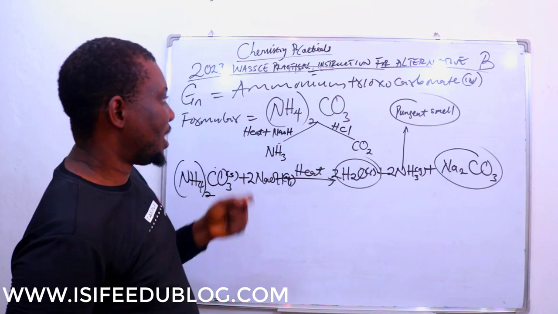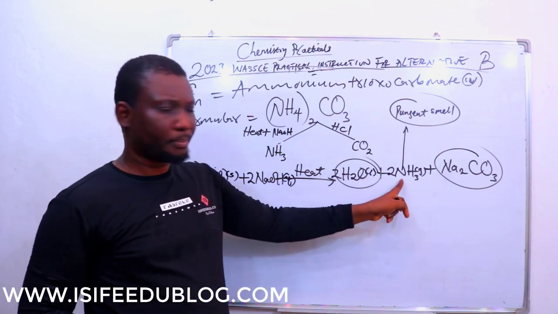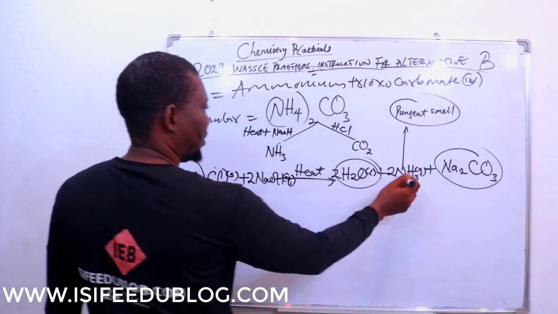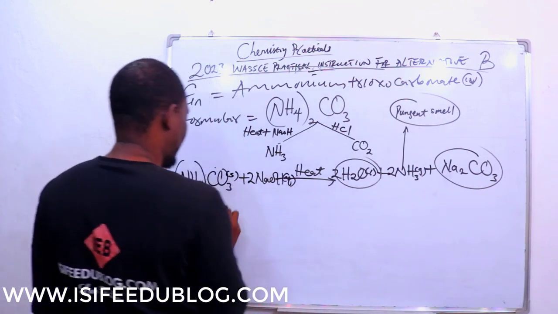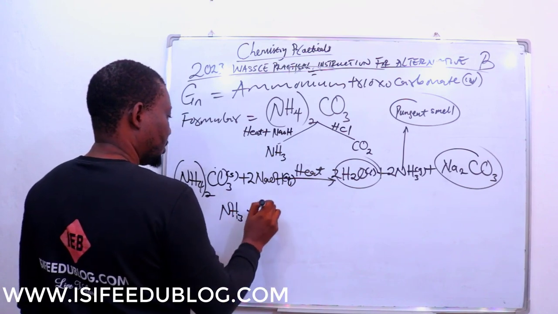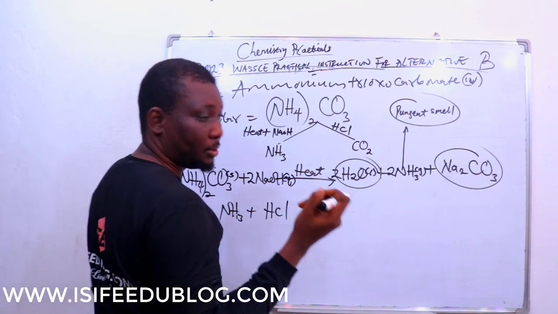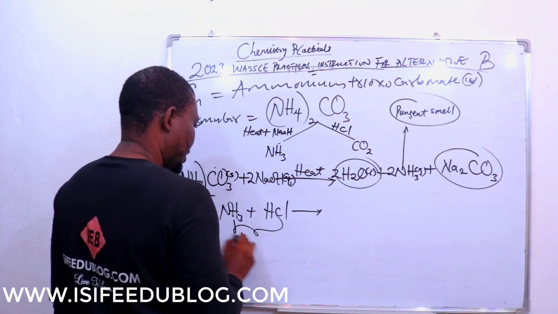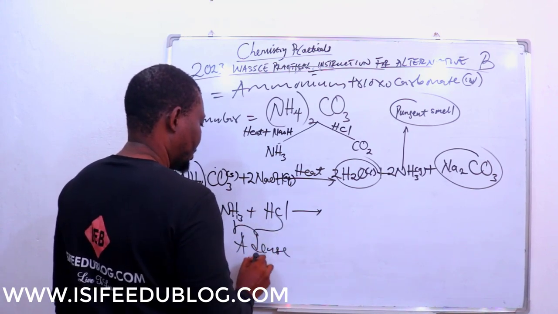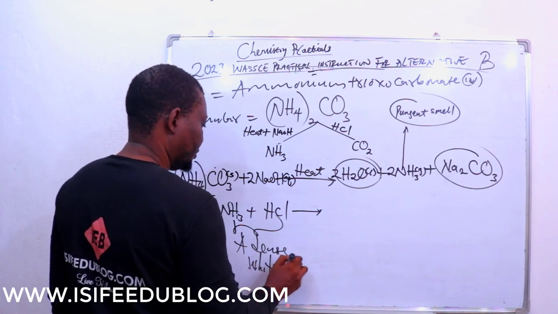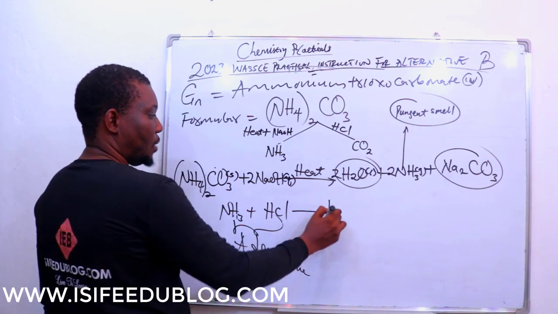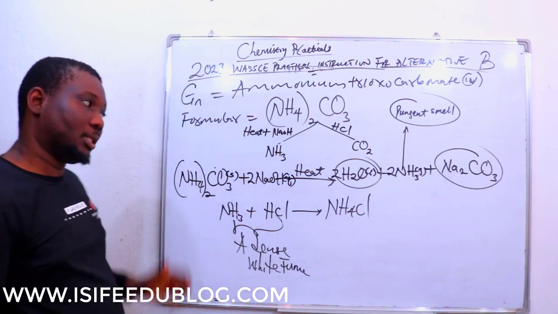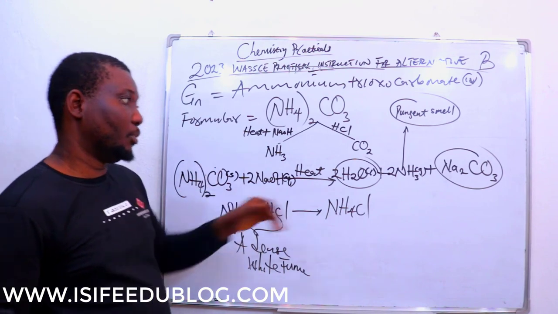But they would like you to test the gas that is evolved. Immediately it is evolved, bring a glass rod dipped in concentrated HCl. The moment the two combine, you see dense white smoke, a dense white film forming. That white dense film is a result of ammonium chloride. This is the confirmatory test that the gas is ammonia.